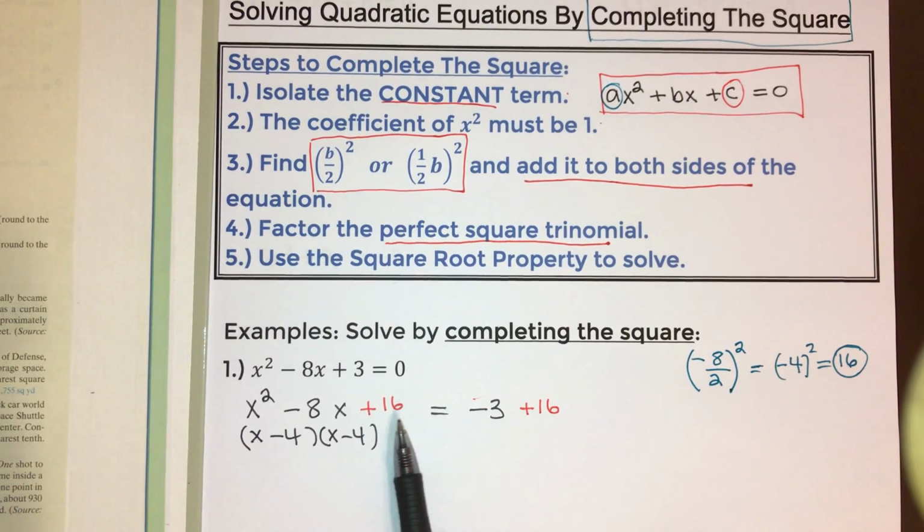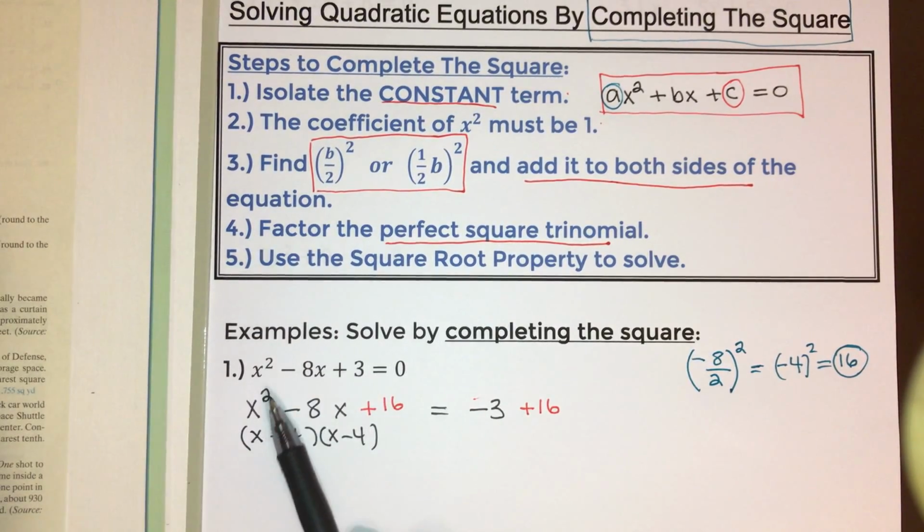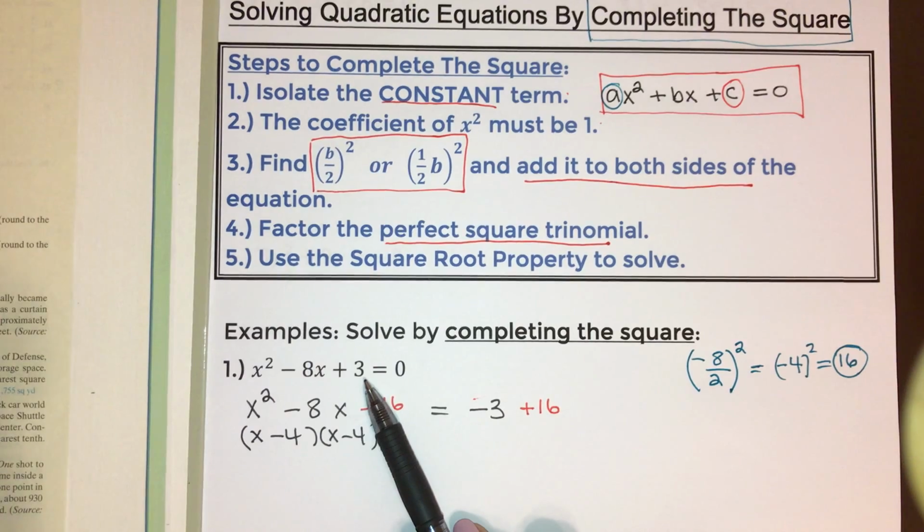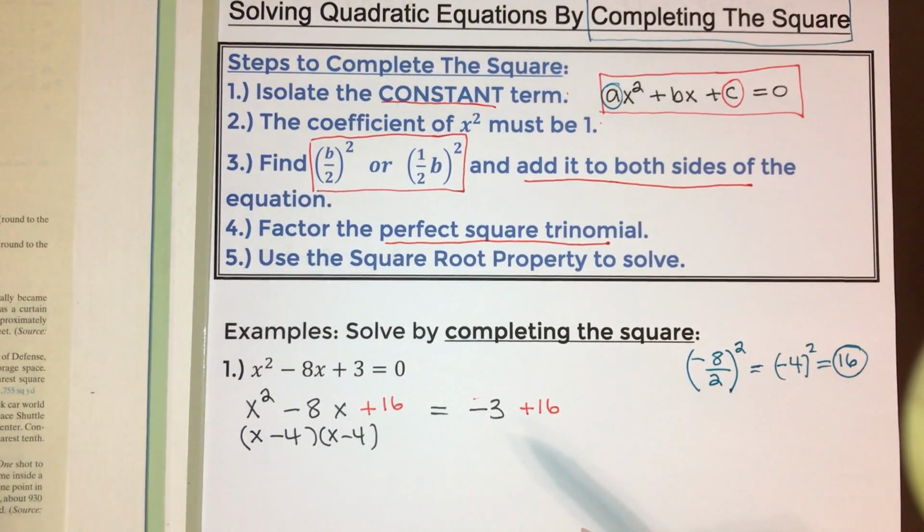Complete the square, get this number, in this case 16, that makes the trinomial a perfect square, and then we can use the square root property. If you look at the trinomial, the original problem, that is not factorable. And so because it's not factorable and it's not a perfect square trinomial, we can't use the square root property.